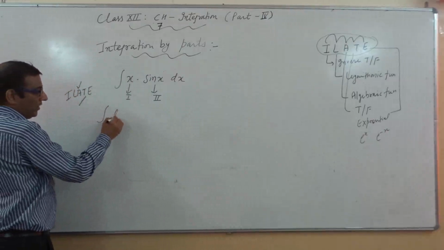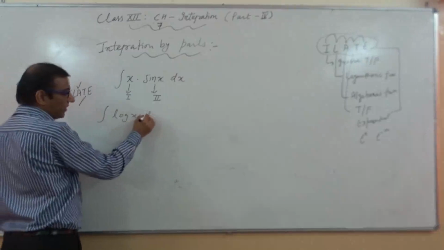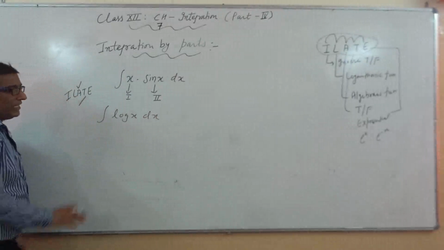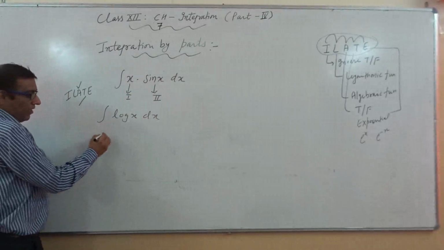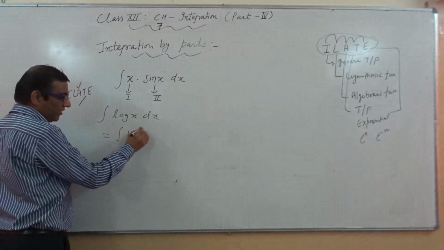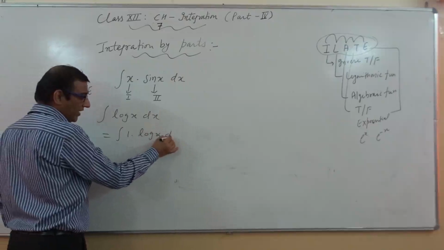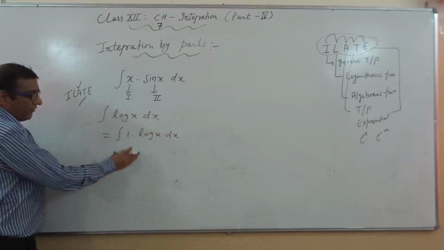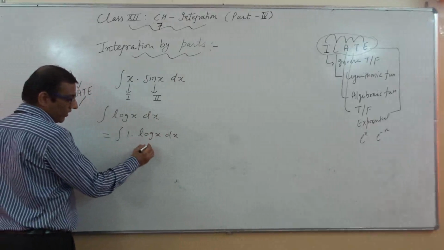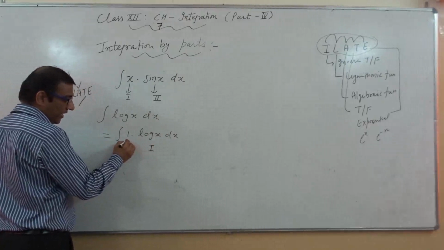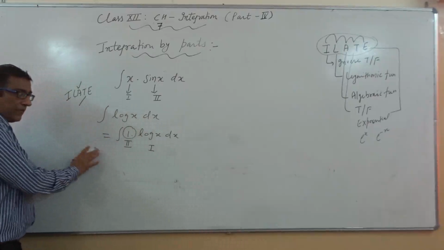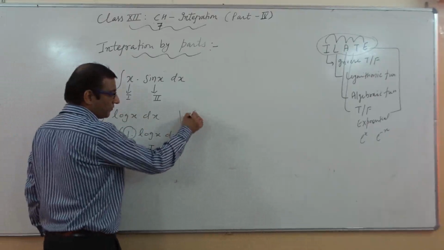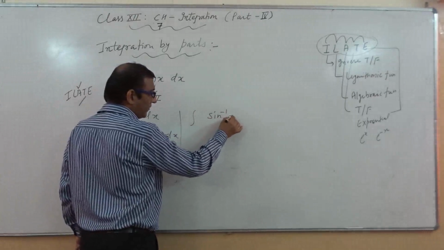For example, if the integration of log x is given to us, how can we integrate such a function? Direct integration of log x is not possible, so it can be done as 1 into log x dx. Here we will take log x as the first function and 1 as the second function. 1 we will always take as the second function. Same for sin inverse x dx.